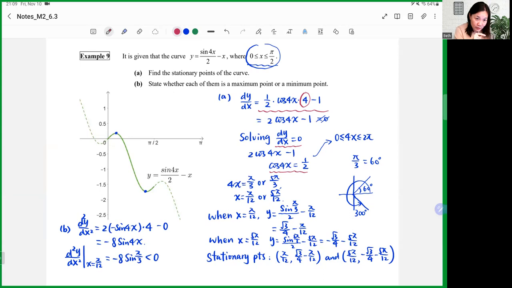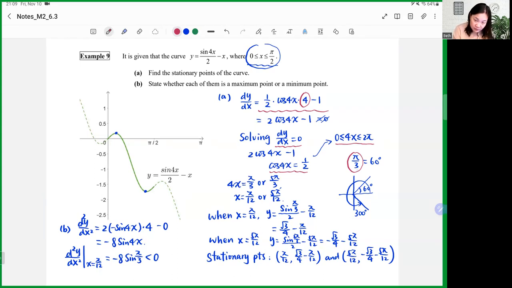I'll only focus on the angle between 0 and 2 pi. Now on the graph, you can see the other parts are not in my concern because I only focus on the range between 0 and pi over 2. So when solving a trigonometry equation, I need the reference angle. The reference angle can be obtained from your calculator.